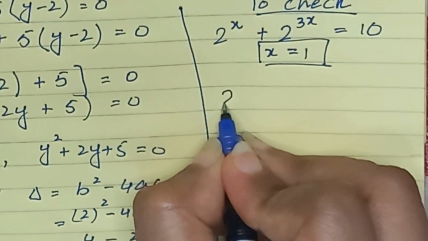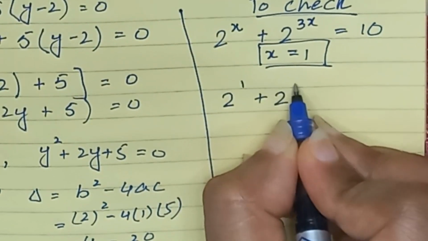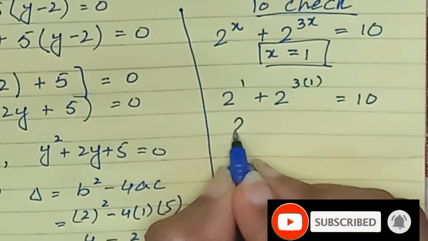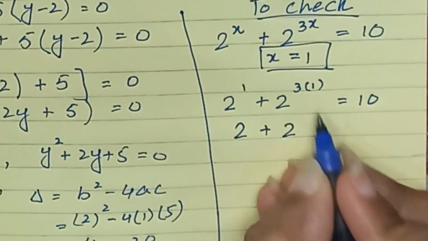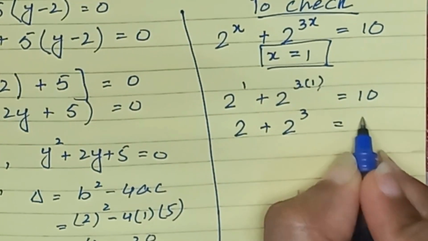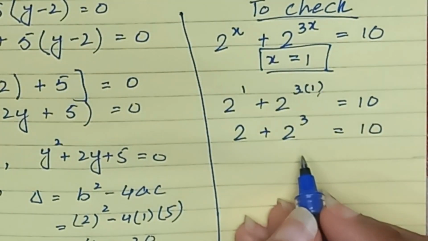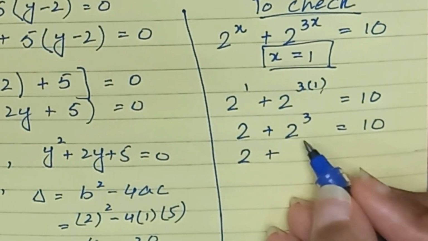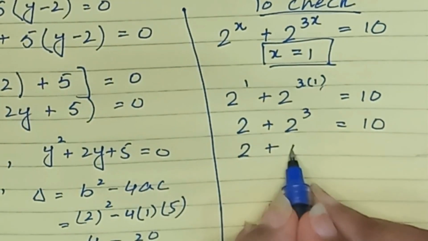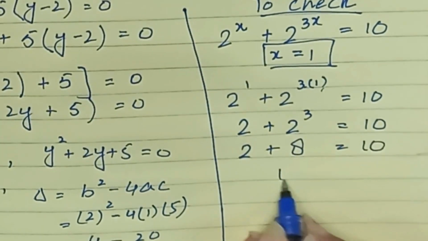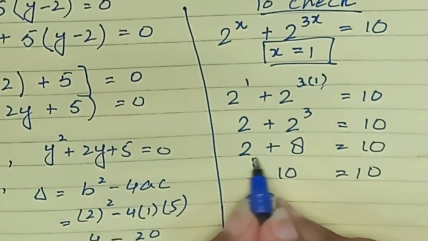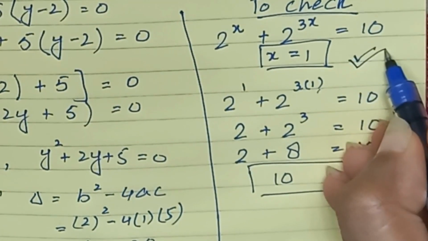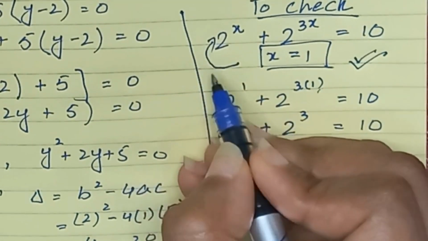So it will become 2 raised to the power 1 plus 2 raised to the power 3 into 1, which is equal to 10. 2 raised to the power 1 is the same as 2, plus 2 raised to the power 3 is the same as 8, which is equal to 10. So from here 10 is equal to 10. Both sides are equal. It means the value of x equal to 1 satisfies our given equation.